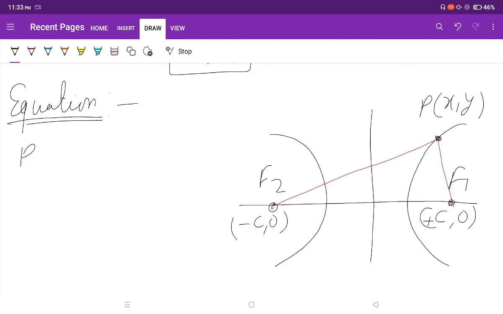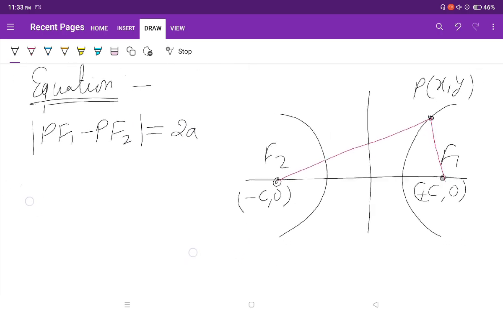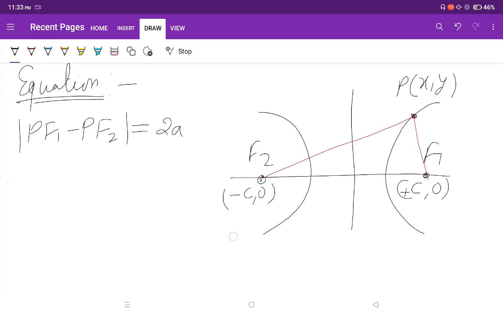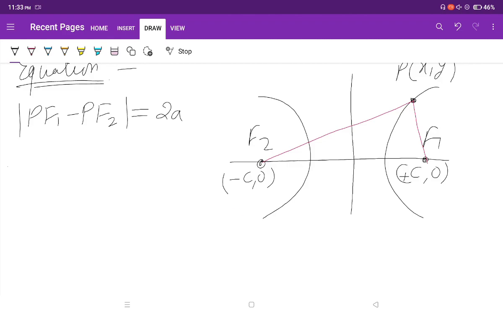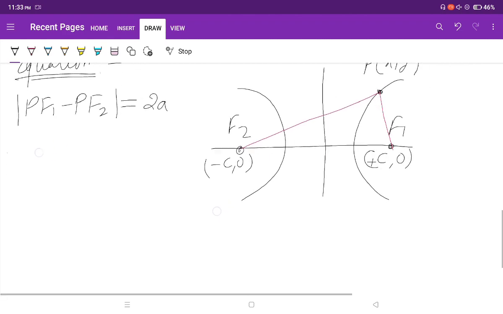So we have |PF1 - PF2| equals 2a, right? It is clearly visible that we have PF1 and PF2, right? So we will see. Now write the PF1 and PF2.